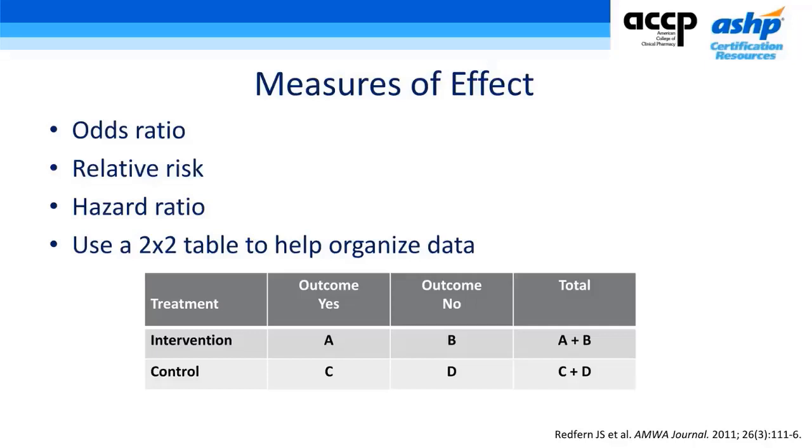And then you have 2 columns for outcomes, outcome yes and outcome no, and then your total column. And so when we go through each of these examples in the next few slides, we will go through how to populate the numbers into the table in order to help us analyze data.